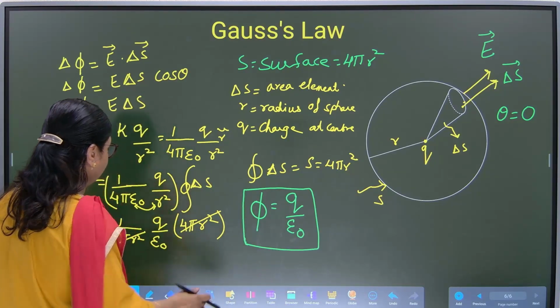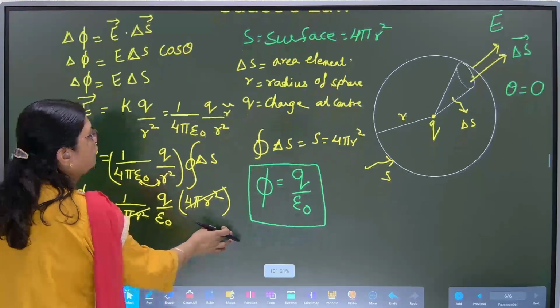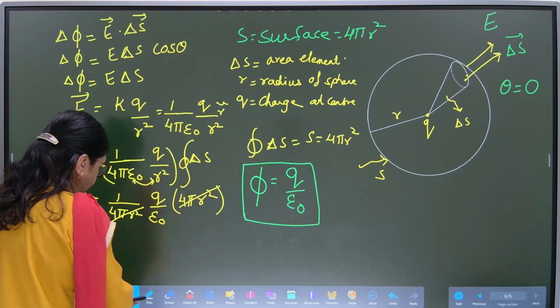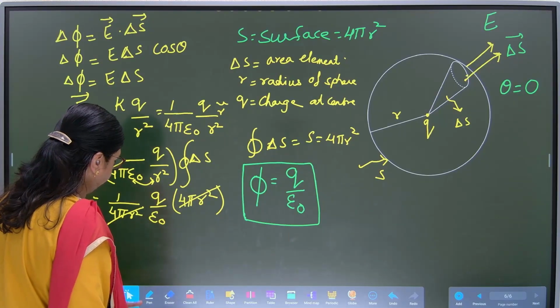Now let us define the law. So what is the definition of the law now?